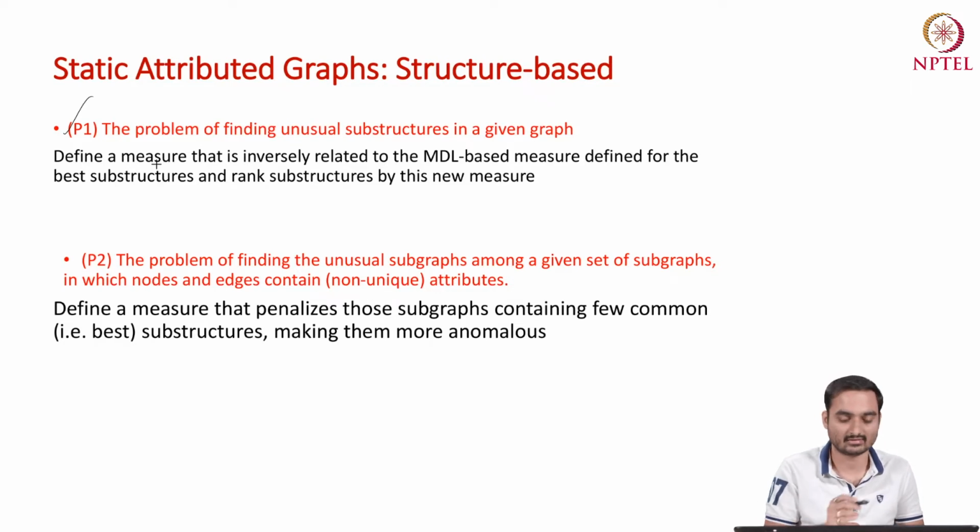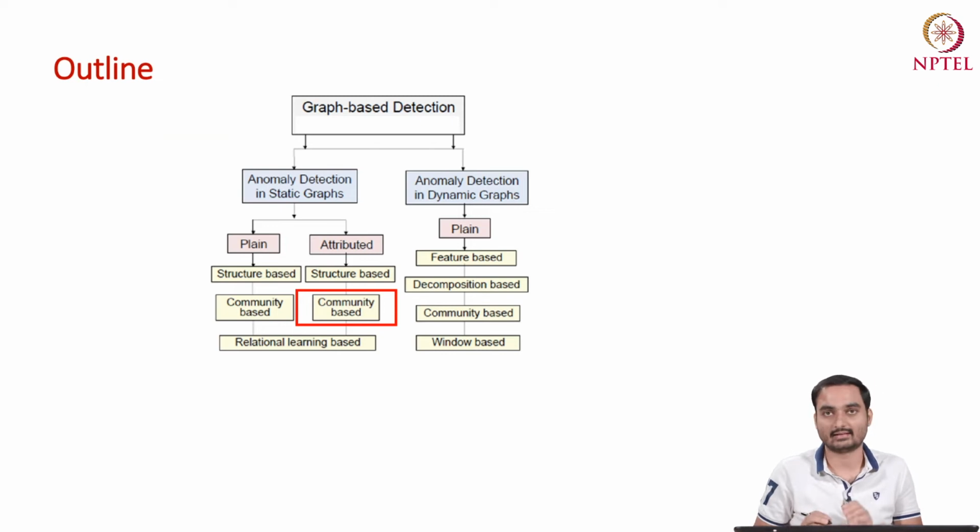We define a measure that is inversely related to the minimum description length based measure defined for the base substructure, and then we rank substructures accordingly. Then how do we identify the uniqueness or non-uniqueness? We define a measure that penalizes those subgraphs containing few common or few best substructures, making them more anomalous. I understand this is a little bit vague. I am not going into the details of this part, rather I will look at the second part and try to go deeper into it.